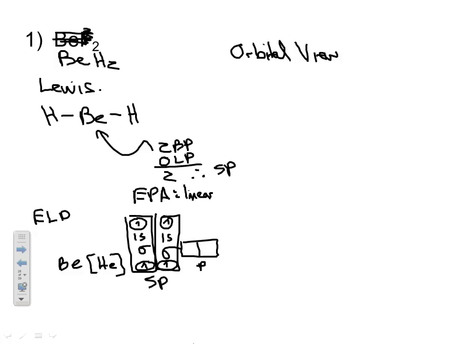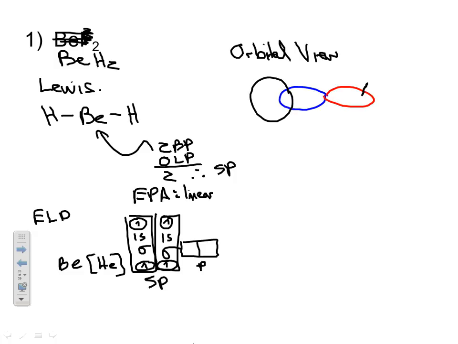In the orbital view, I need 2 sp orbitals in opposite directions. 1, 2. Not bad. About the same size. They each have 1 electron in it, so they're going to make a sigma bond, end-to-end overlap.